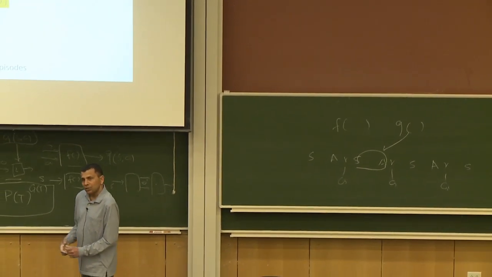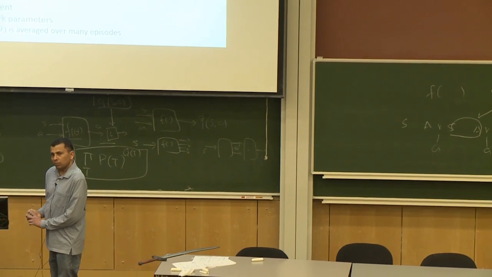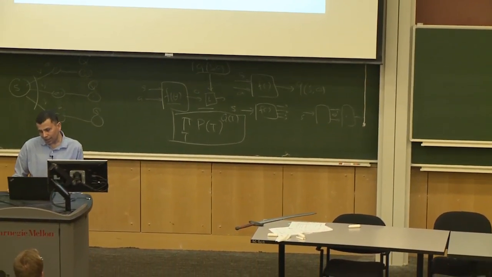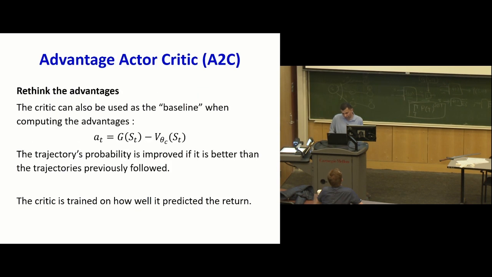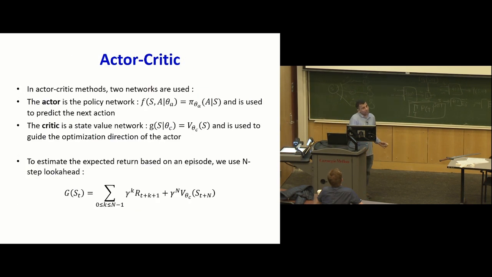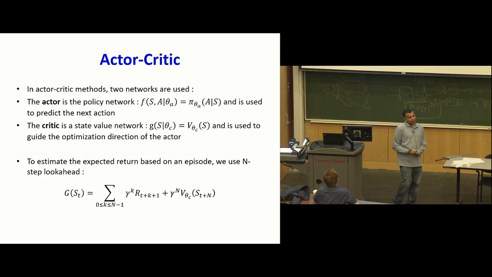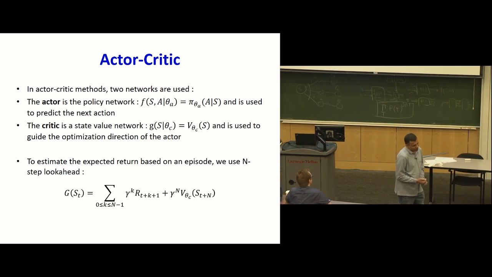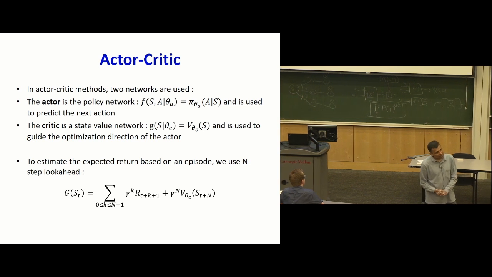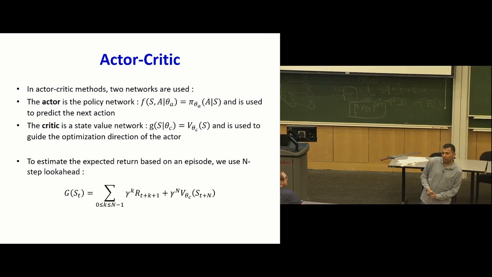And now you can actually do the update. You can update your policy function online. So these are actor-critic methods. I won't actually go through them. We're quite out of time. But there's a whole class of actor-critic methods. And the state of the art in reinforcement learning using neural networks is various variants of actor-critic methods. There are many, many variants to the basic idea.